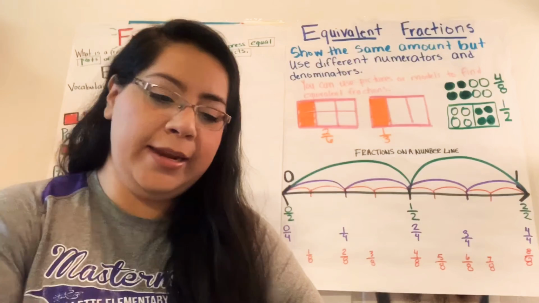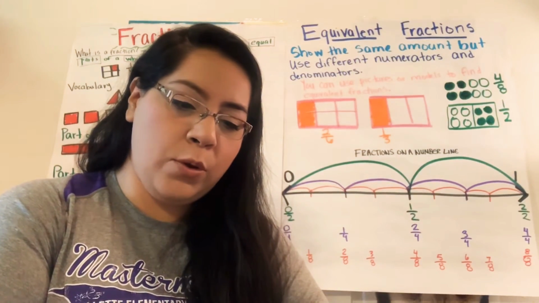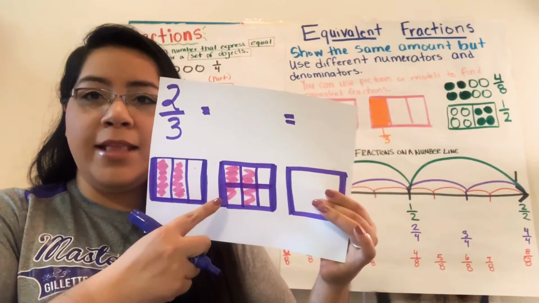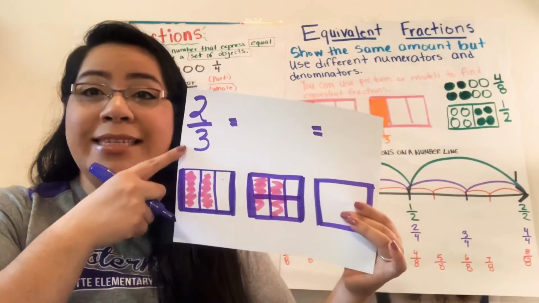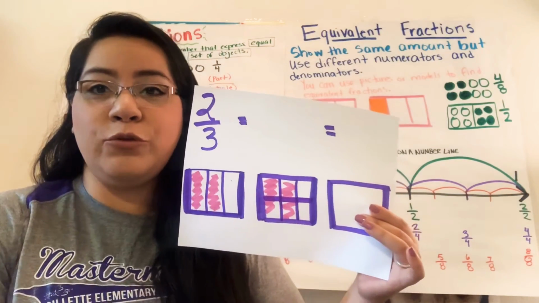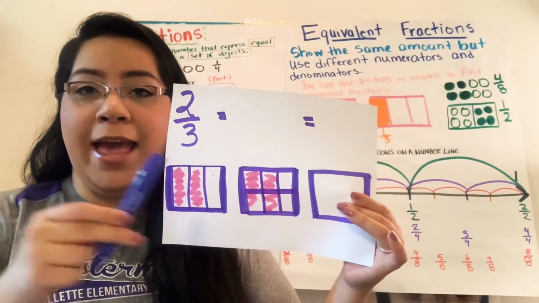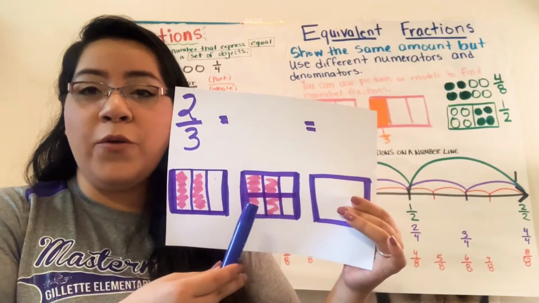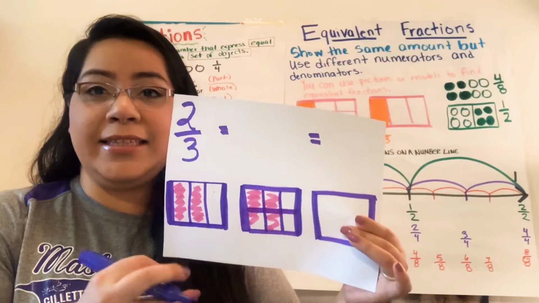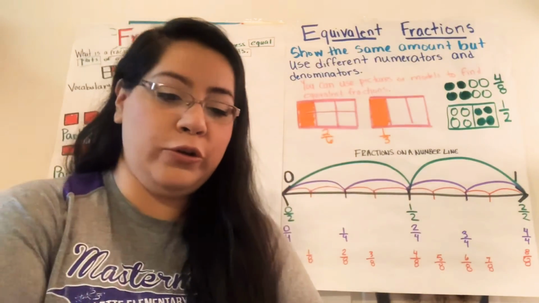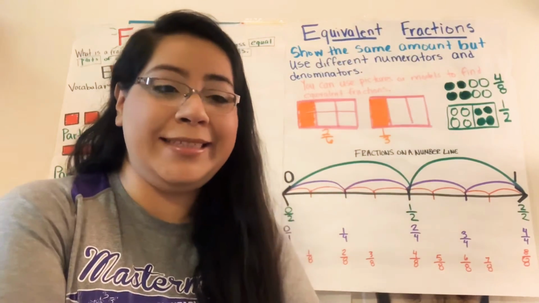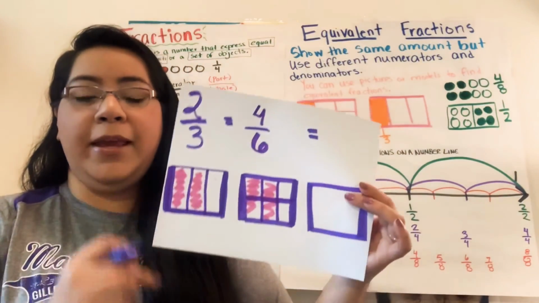So if I add a line right in the middle, just like this, then my fraction changes, but it still represents 2/3. It's an equal fraction of 2/3. So in this case, I have 1, 2, 3, 4 shaded areas out of 6 in this case. So 2/3 is an equivalent fraction to 4/6. Okay.